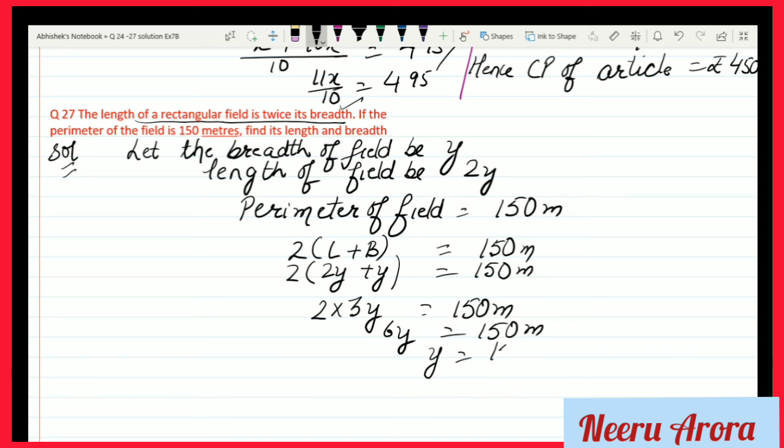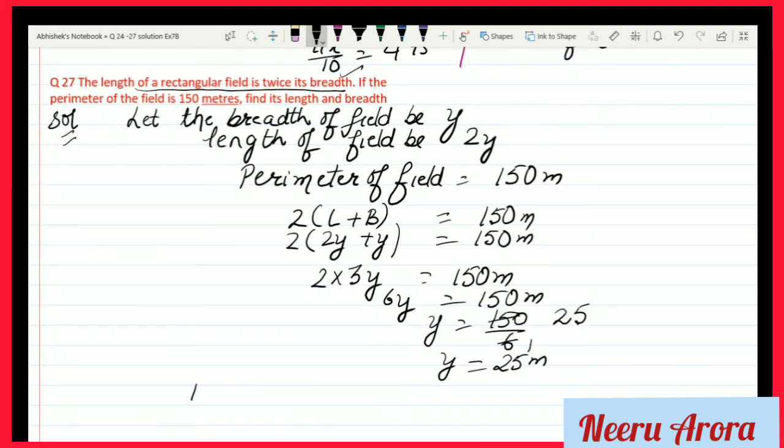Y is equal to 150 upon 6. We are just dividing 150 by 6. 6 ones are 6, 6 twos are 12 and 6 fives are 30. So here y is equal to 25 meter.